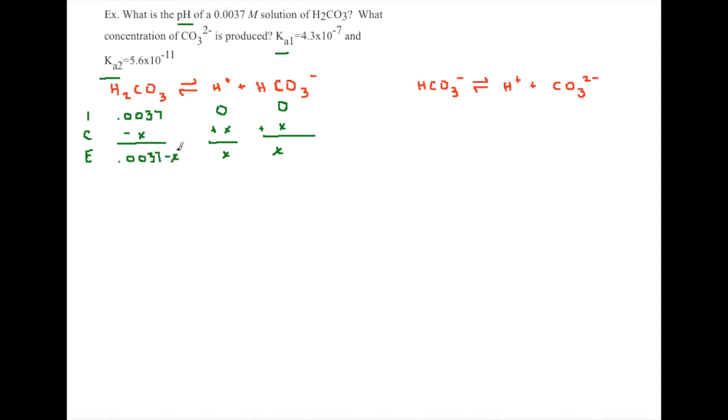Okay. And since I know my Ka1, I'm going to plug these values into my equilibrium expression. My Ka1 equals the concentration of hydrogen ions times the concentration of HCO3-, all over the concentration of carbonic acid.